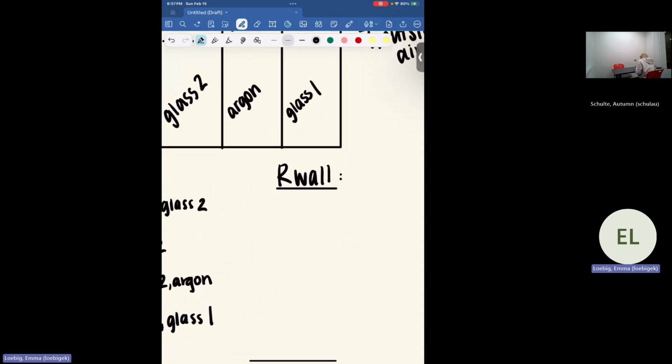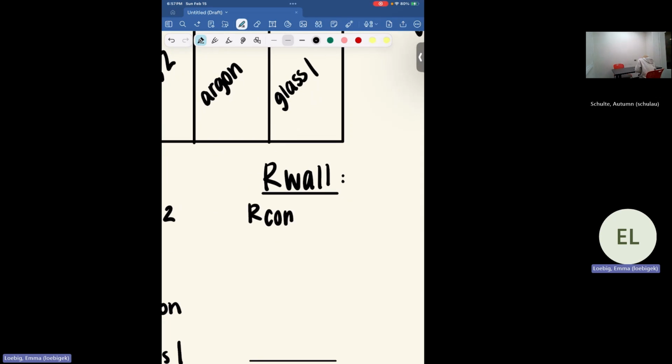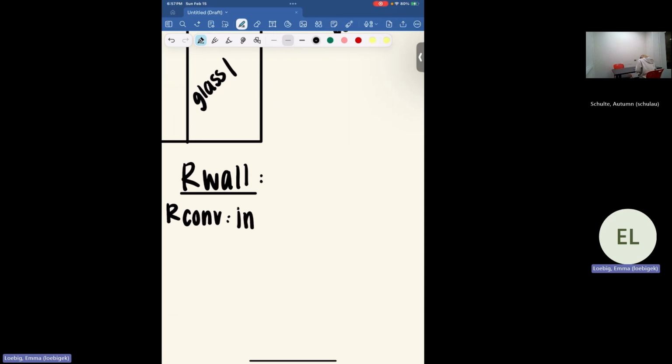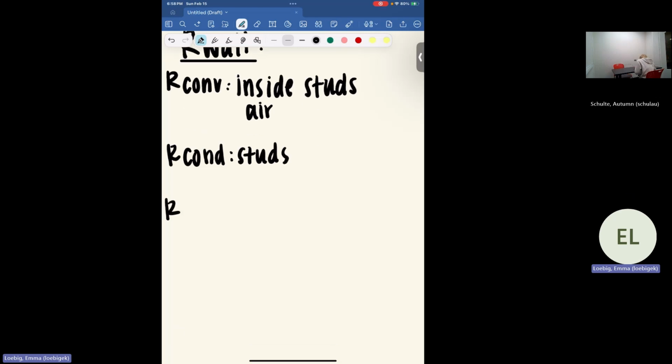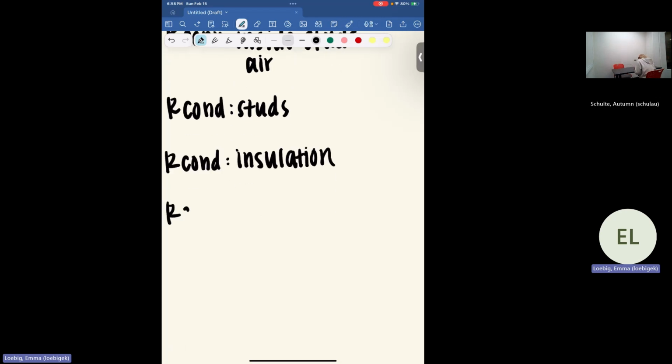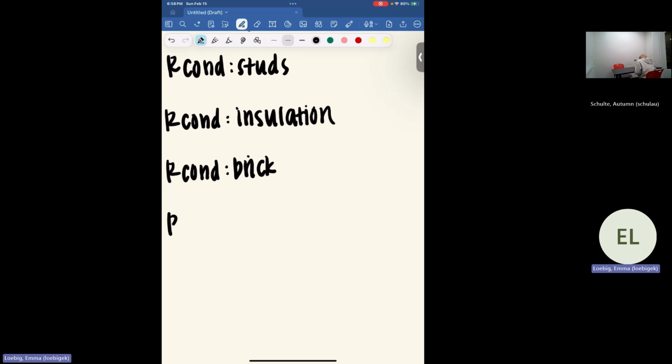And this is going to be equal to the thermal resistance via convection of the inside air to the studs, the thermal resistance via conduction of the studs, the thermal resistance via conduction of the insulation, the thermal resistance via conduction of the brick, and finally the thermal resistance via convection from the brick to the outside air.